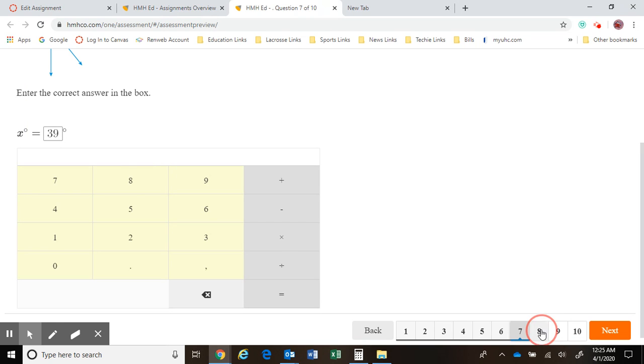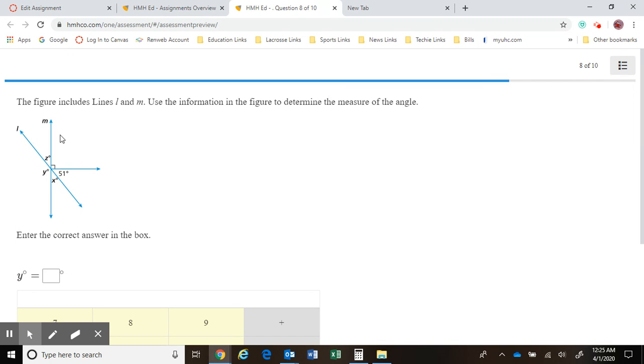Moving to the next question, number 8. All right. Now I want to know what the measurement of angle Y is. Well, if you recall, angle X was 39 degrees. In fact, I'm just going to write X, of course, was 39 degrees. We know that X is 39 degrees.